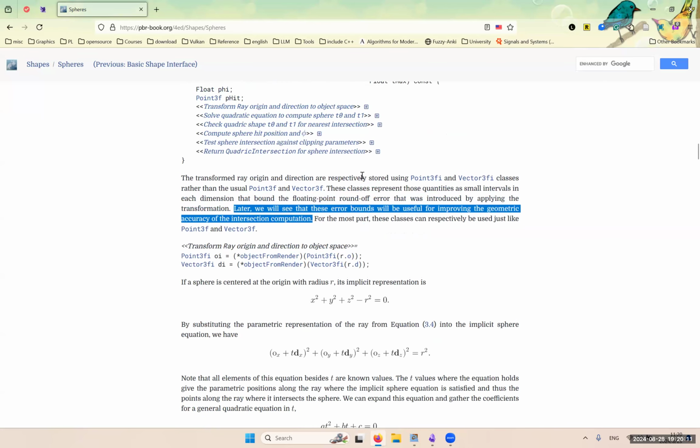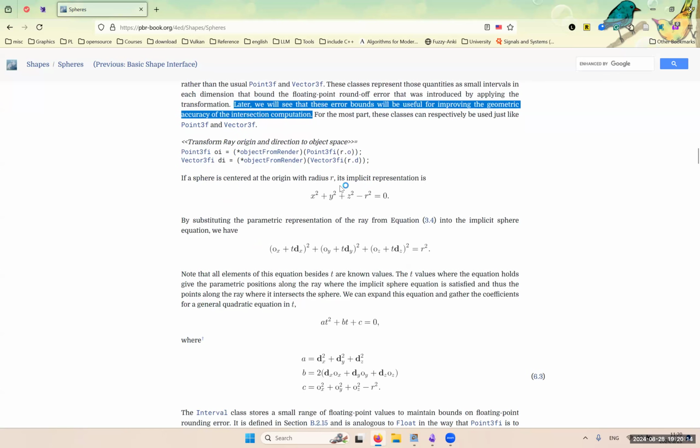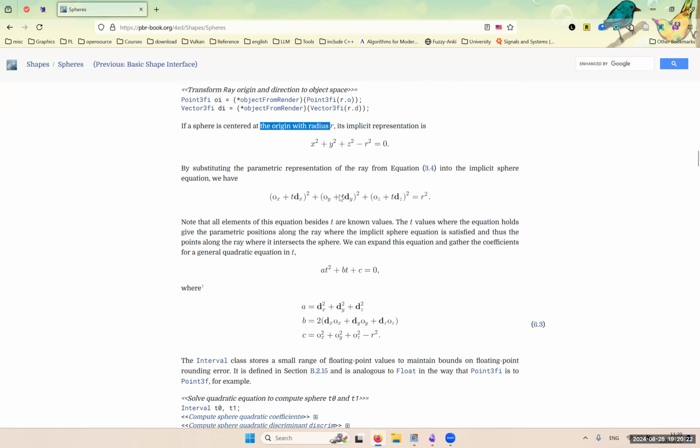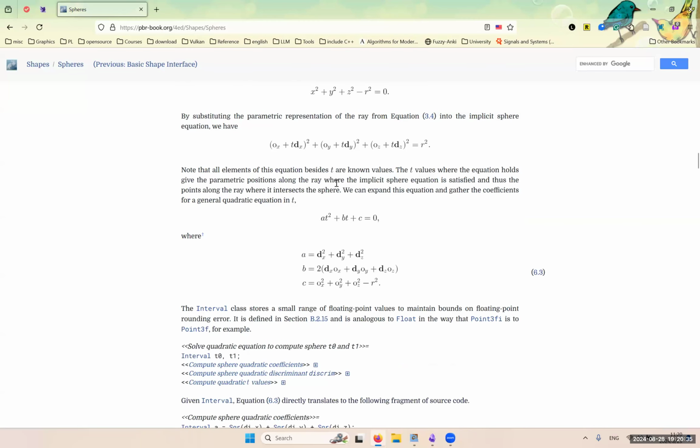Then it's just solving the quadratic equation. A sphere is centered at the origin with radius r. We have this, and we substitute in the ray equation, we get this, and we can expand it into a quadratic equation like this, with A, B, and C calculated. Then we can just solve it by high school math.